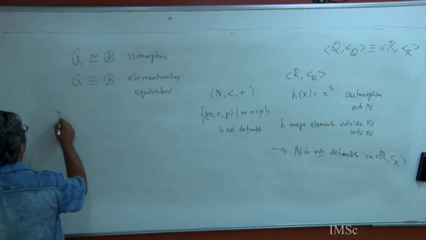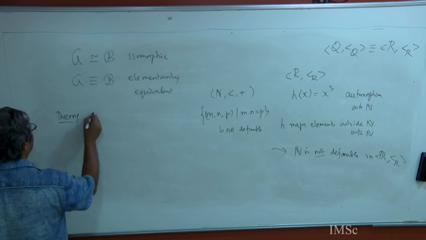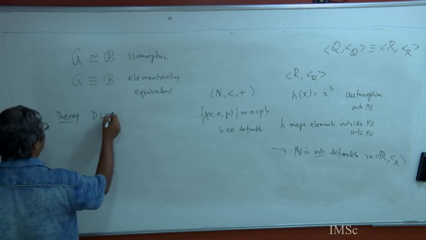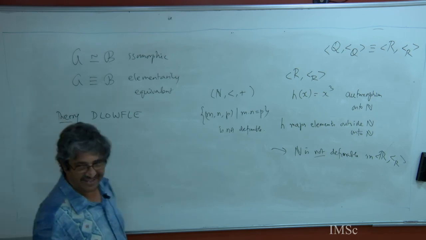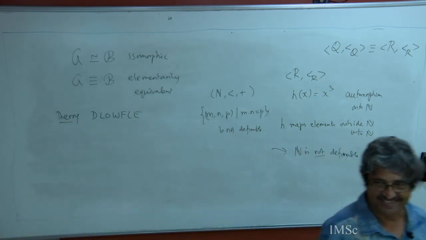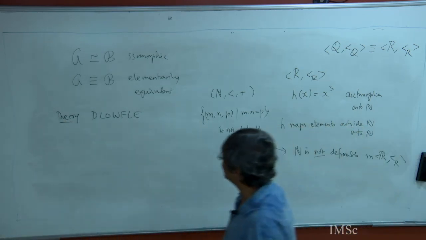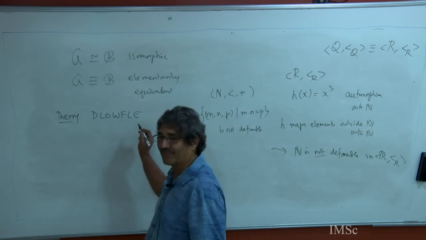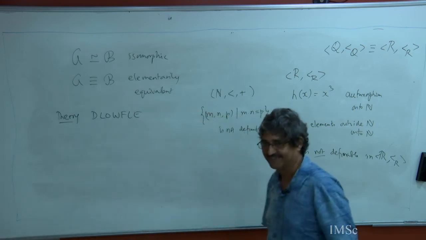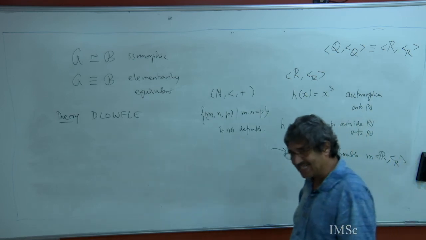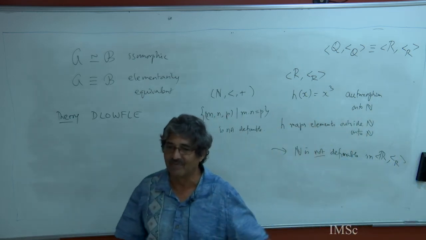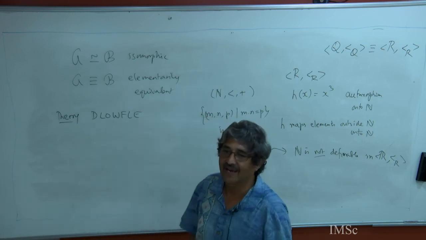So consider the theory. This theory is called DLO in model theory texts, you will find this abbreviation. It stands for dense linear order without first and last elements. Take any two linear orders which are dense and have no minimal element and no maximal element, right?